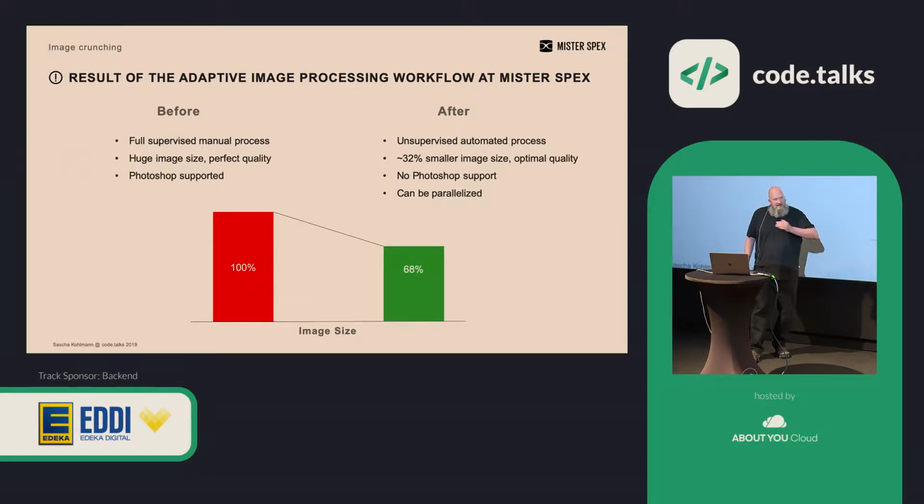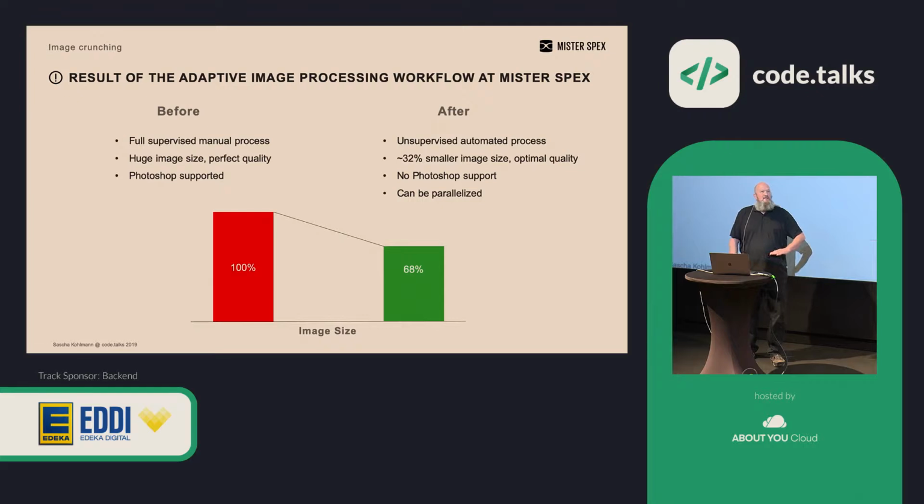Nevertheless, the fear is that the image is unsharp. And so the normal thing the graphics department is doing is setting the quality level of Photoshop to 100%. Oof. And then we have huge images, which is not optimal for the mobile environment.